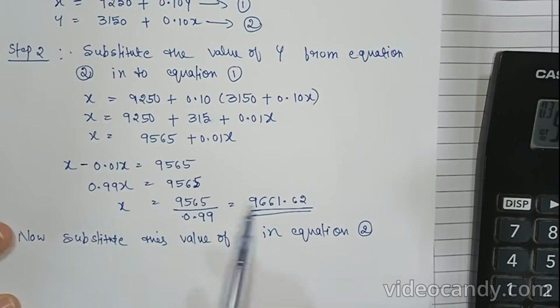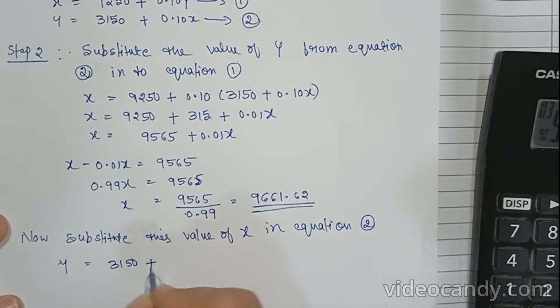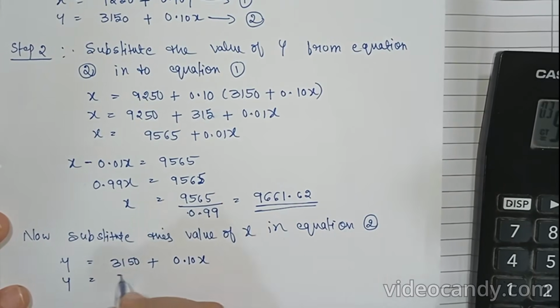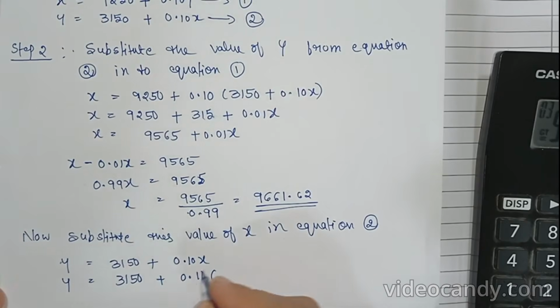Now we have the value of x, right? So we need to substitute this value of x in equation 2. Y equals 3150 plus 0.10x. Y equals 3150 plus 0.10 into, what is the value of x?